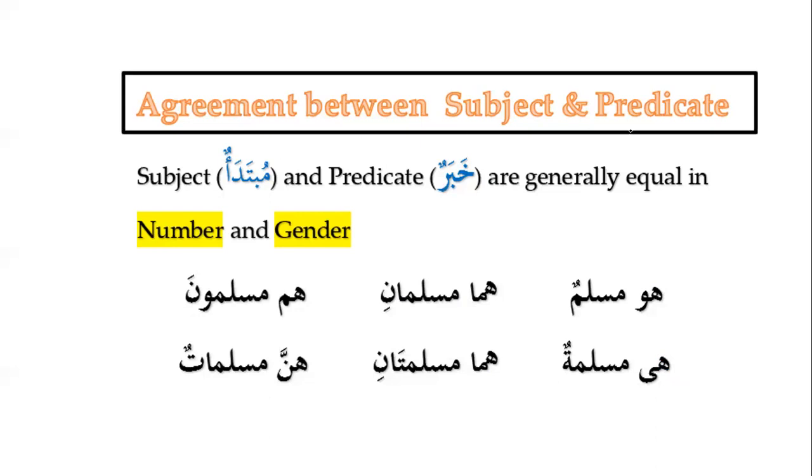Agreement between subject and predicate. We have already learned, and we know this, that mubtada and predicate are generally equal in number and gender. In the past, we used to say that they are equal in number and gender, but now I have placed the word generally because sometimes there is a possibility that they cannot be equal in number and gender.